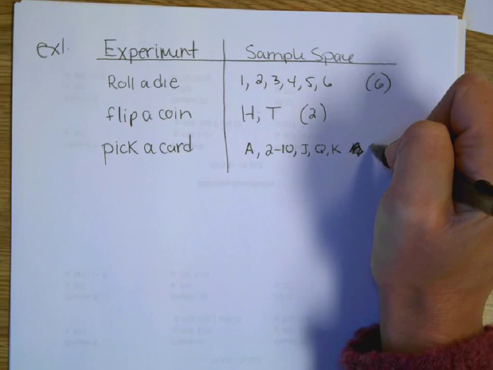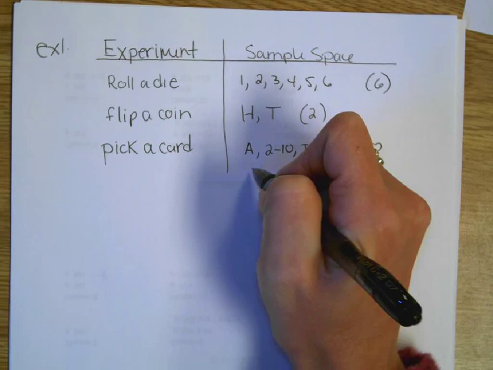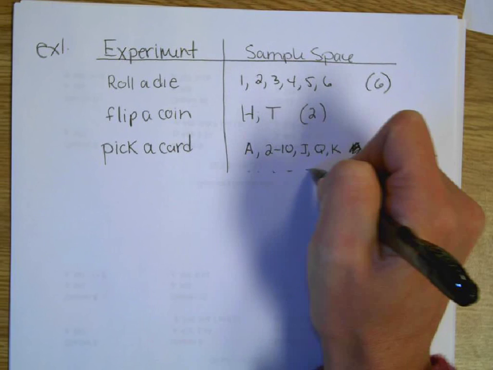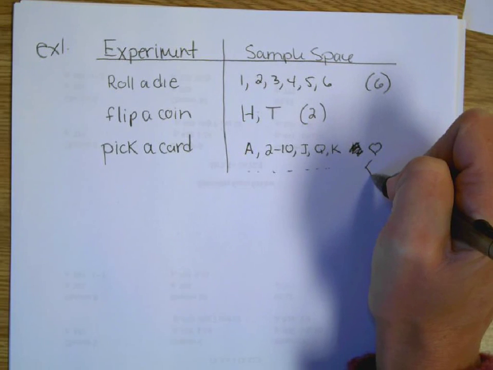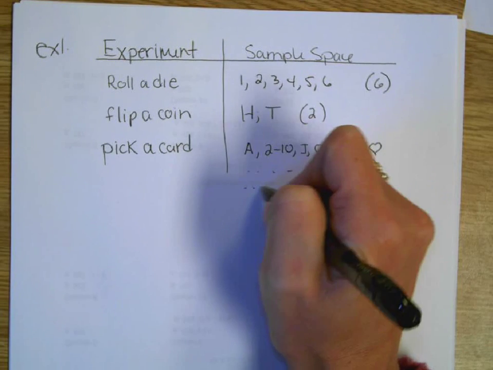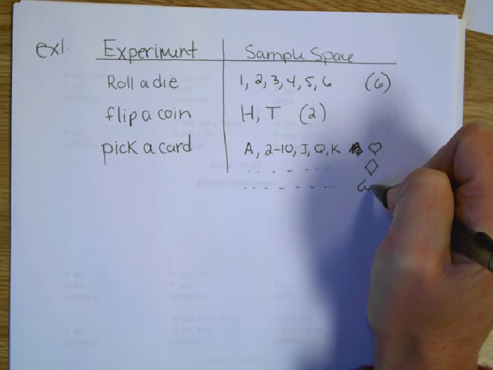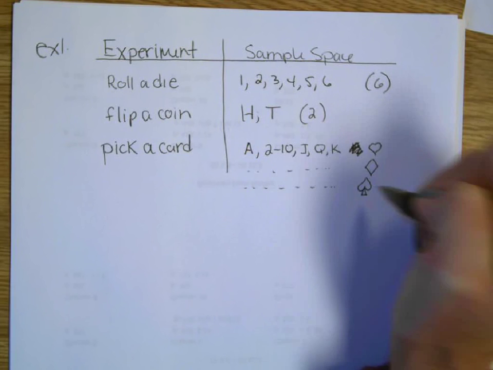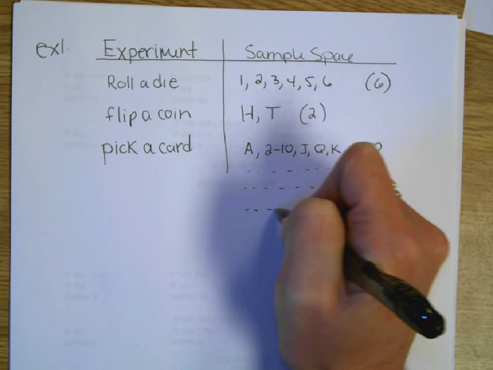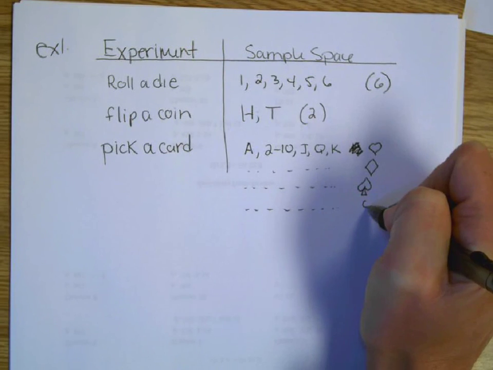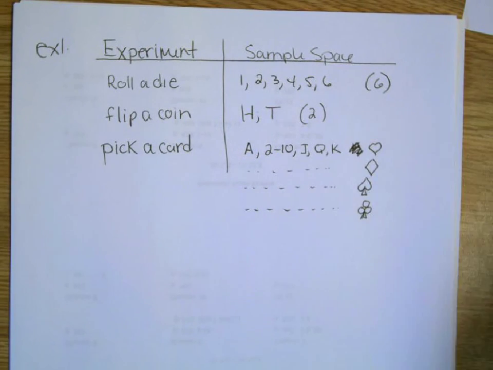We can have that in hearts. We can have the same thing in diamonds. The same cards are in spades, which is the upside down heart, a little tail. And then we have those same 13 cards in clubs. Okay?